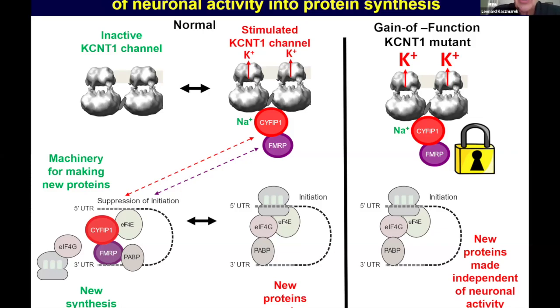These are proteins that regulate translation of messenger RNAs, particularly a protein called FMRP, the Fragile X mental retardation protein, and CYFIP1, the cytoplasmic FMRP interacting protein 1. In fact, you can immunoprecipitate these channels with messenger RNAs that are bound to FMRP.